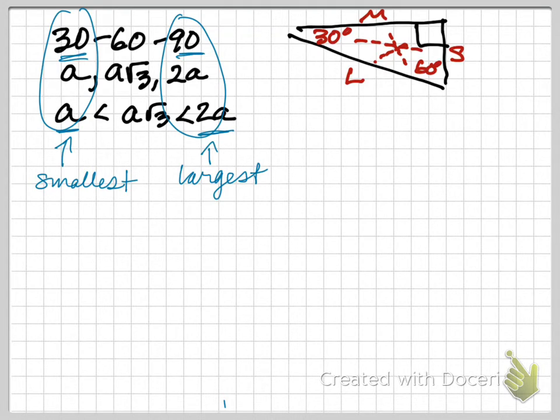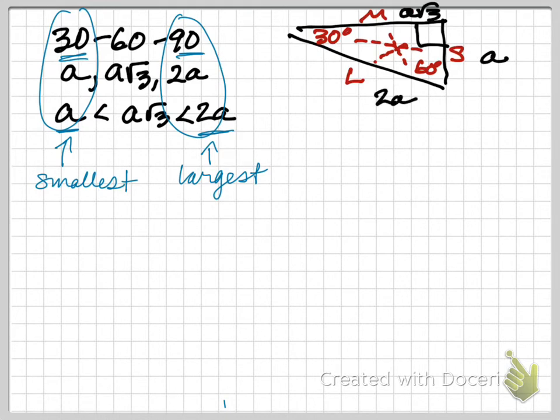And that's actually true in any triangle, not just in a right triangle. So always look for your biggest angle, that'll be your largest side opposite, and your smallest angle, that'll be your smallest side opposite. The trick with a 30, 60, 90 is if you don't have the 30 degree side, always get the 30 degree side first, all right? Because everything stems from the 30 degree side.